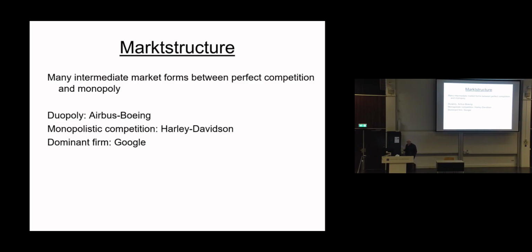For example, Airbus, Boeing, and the airplane industry, there are basically two companies who produce airplanes. For the big airplanes, Airbus and Boeing, and that's called a duopoly, two companies competing, and there is a really very, very hard competition between Boeing and Airbus. There's an issue that both Boeing and Airbus get subsidies from the state, which is actually not allowed, but it happens.